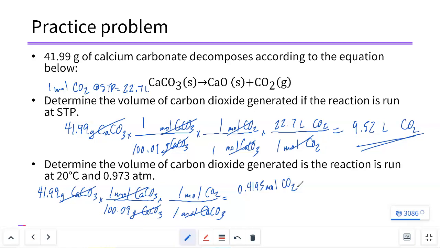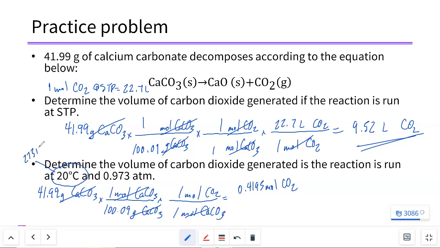So now I have moles and pressure and temperature. I've got 3 of the 4 things that I can measure about a gas. How do I find the 4th? The ideal gas law. So I got to do a little bit of manipulation here. 20 degrees Celsius.